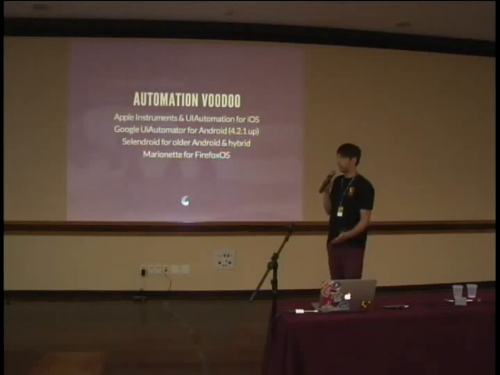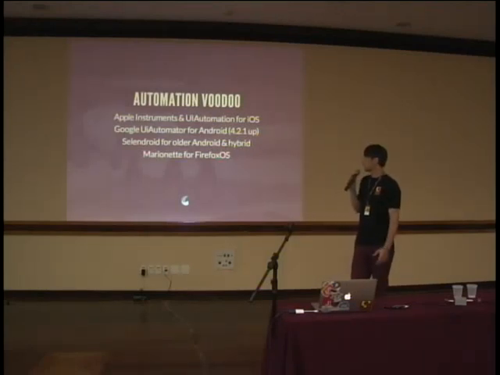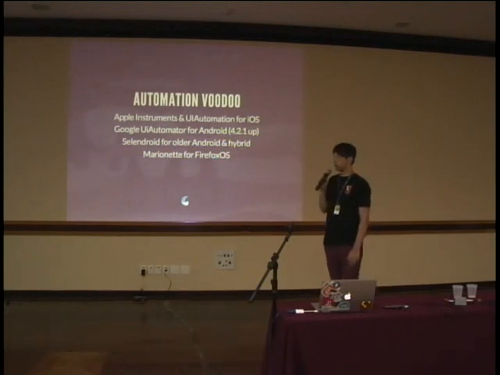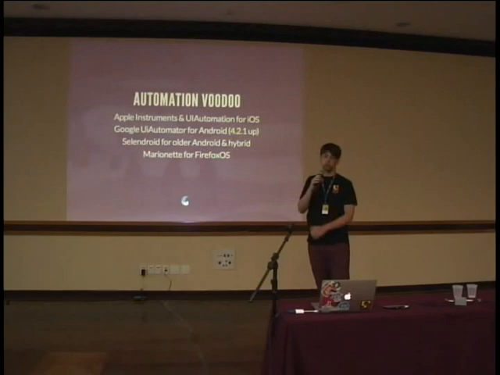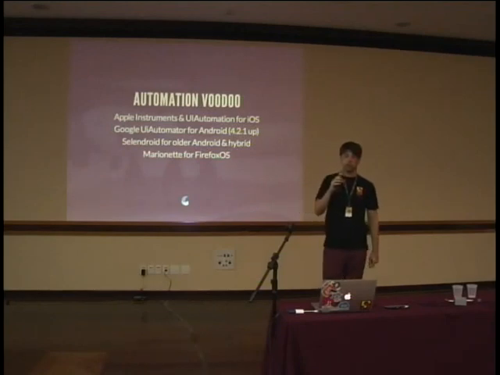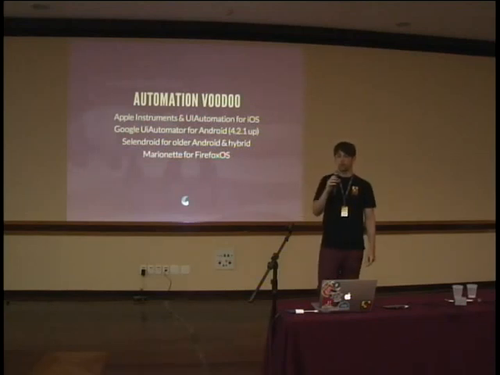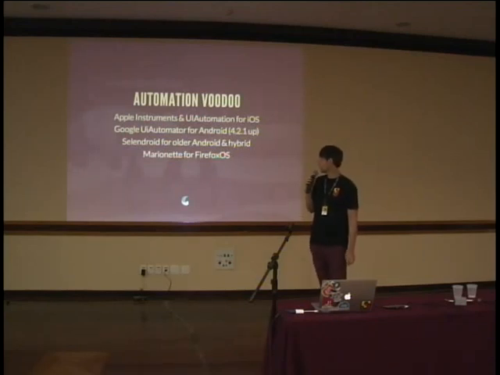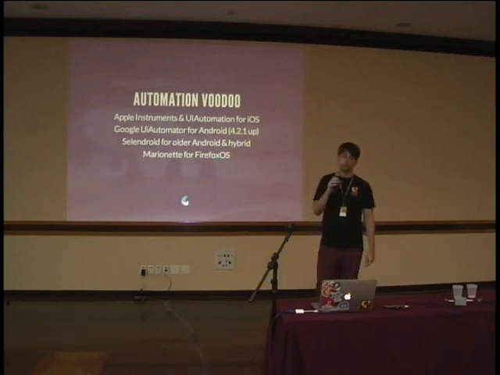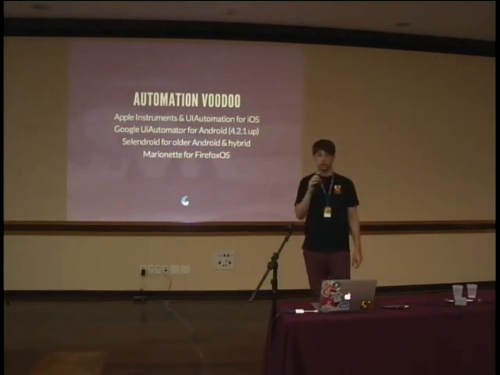And how is it done behind the scenes? Well, for iOS, we use Apple Instruments and UI Automation. For Google, they've got a similar thing, which is called UI Automator. UI Automator is only for devices that are Android 4.2.1 and up, and for older devices, unfortunately, you need to use Selendroid.